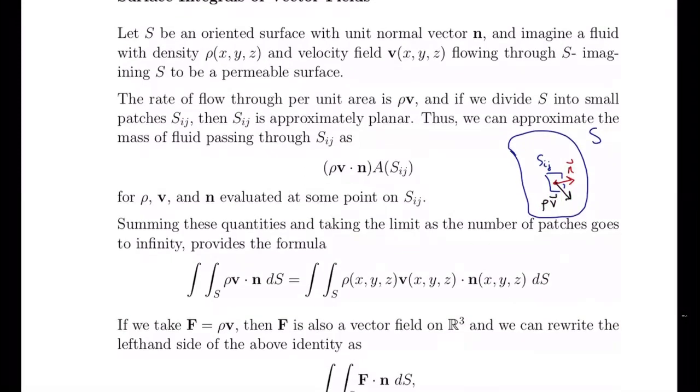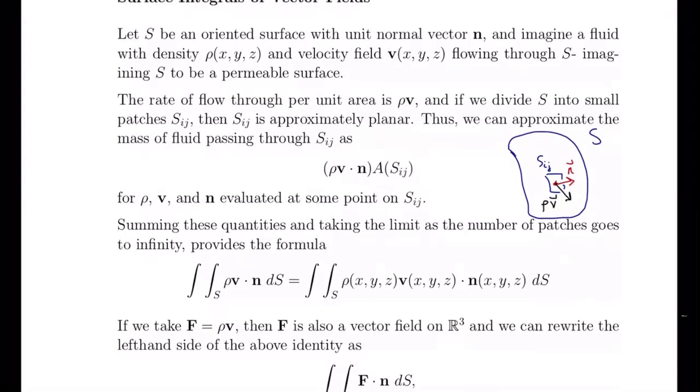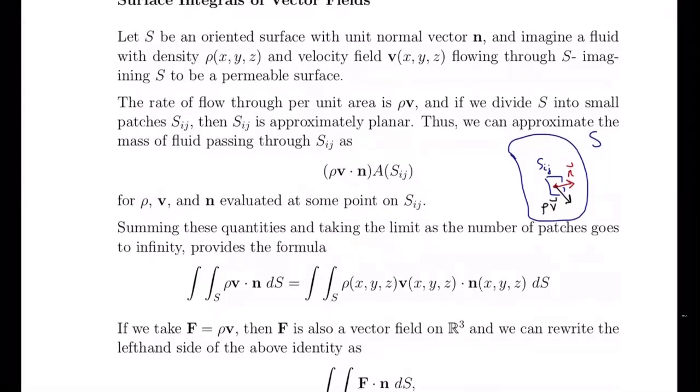So here we have exactly this, as we see here, and that is the approximate amount of fluid that's passing through this patch Sij, or some sort of ethereal fluid or flux that's moving through this surface region in three-dimensional space.